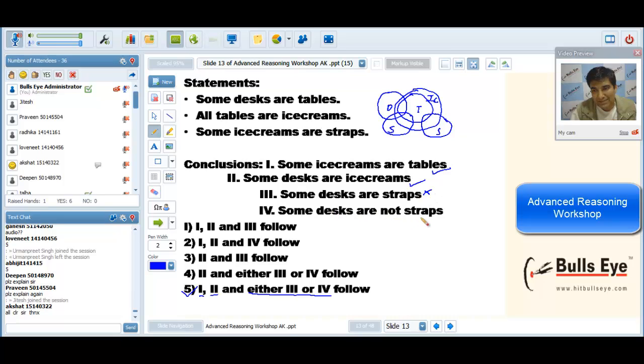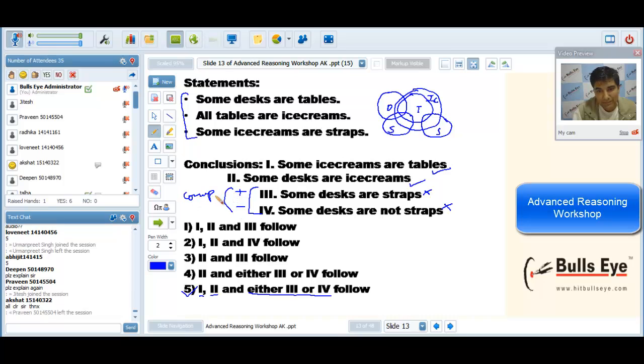Some desks are not straps is again may or may not be. Since these 3 and 4 do not logically follow from all these statements and they are a positive negative pair, they qualify to be a complementary pair.